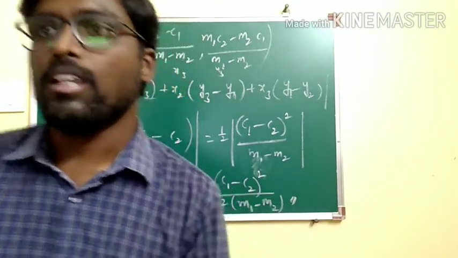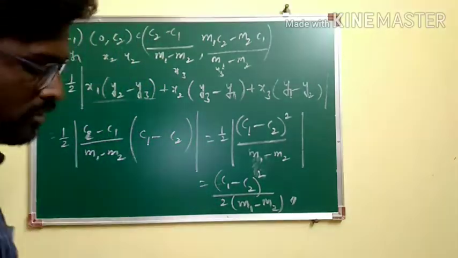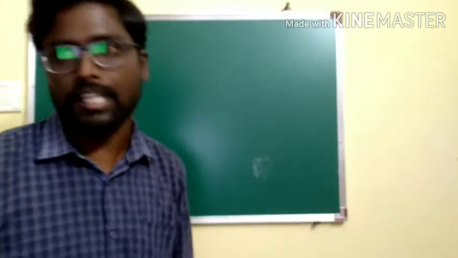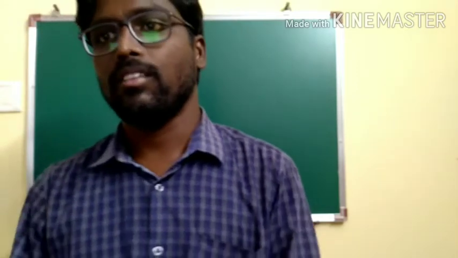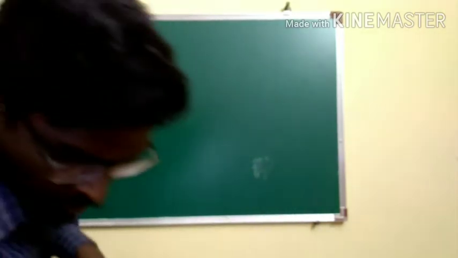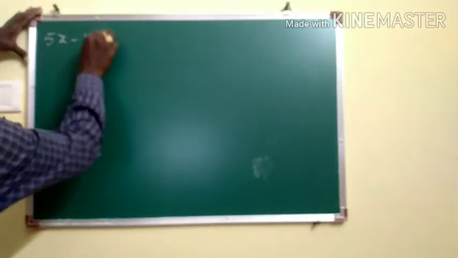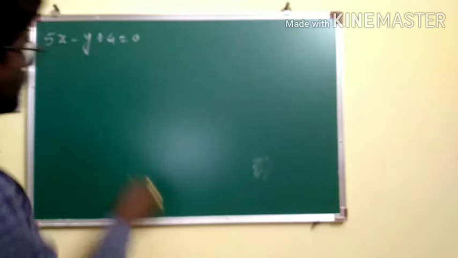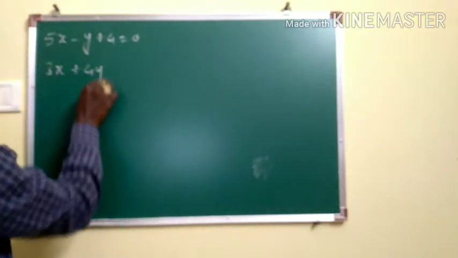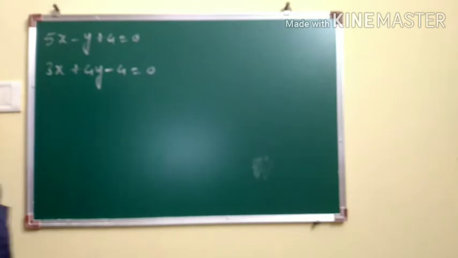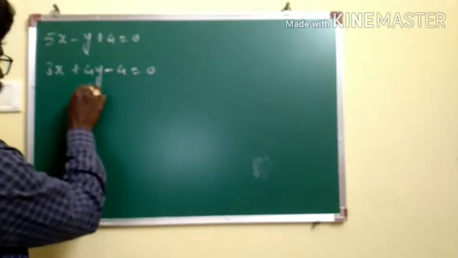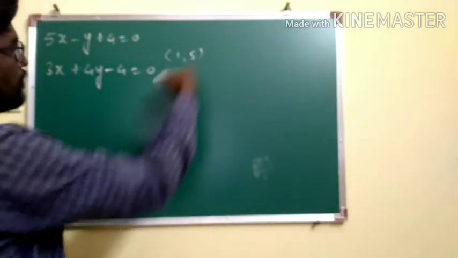Here the next problem I gave: a line is such that its segment between the lines 5x minus y plus 4 equal to 0 and 3x plus 4y minus 4 equal to 0 is bisected at the point (1, 5).